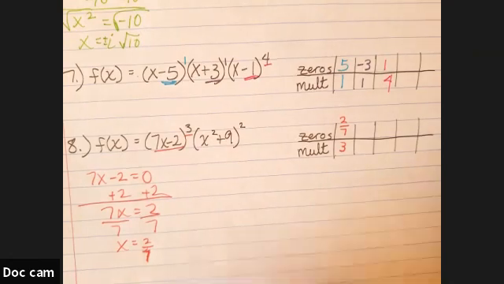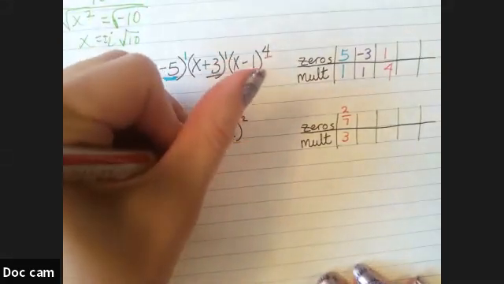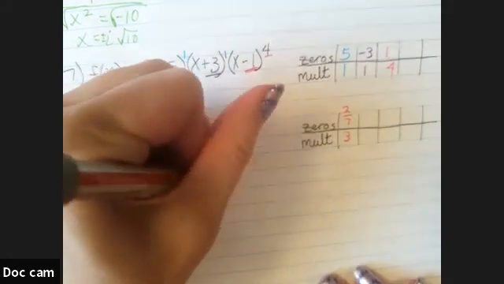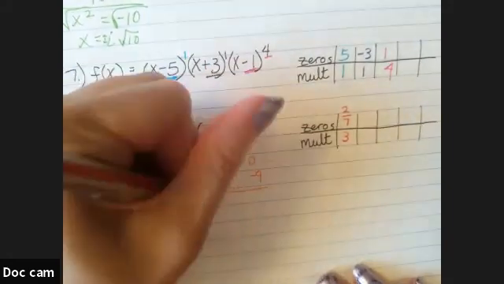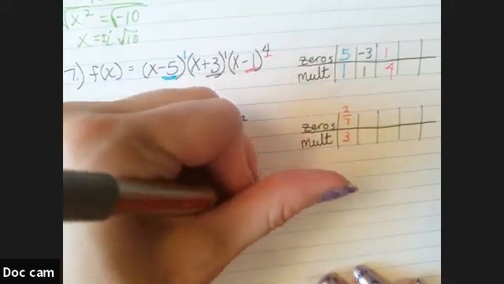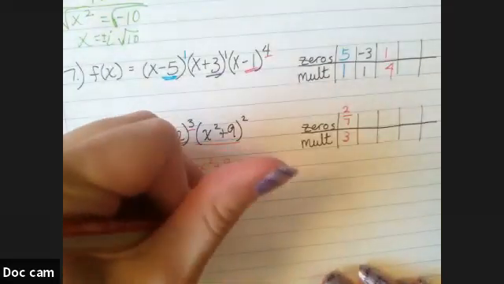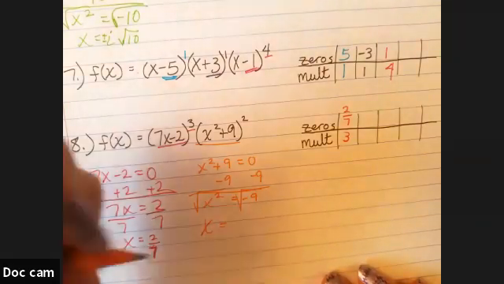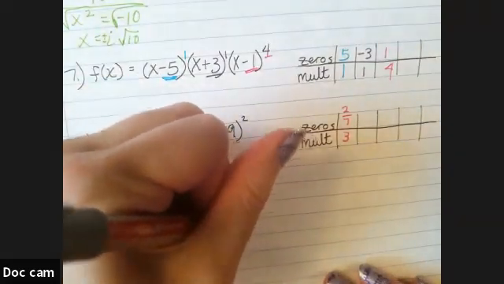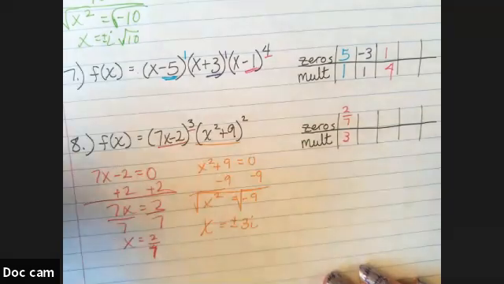All right, and then x squared plus 9 equals 0. So subtract 9 from both sides, so x squared equals negative 9. And then take the square root of both sides. So x is equal to plus or minus 3i.